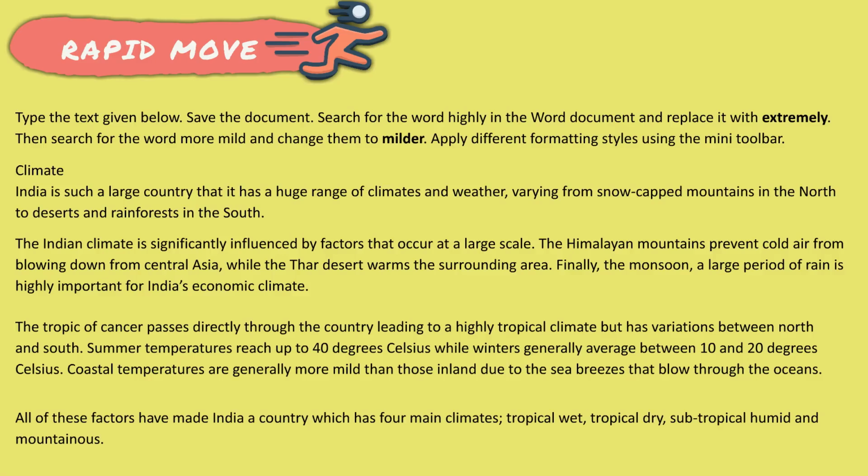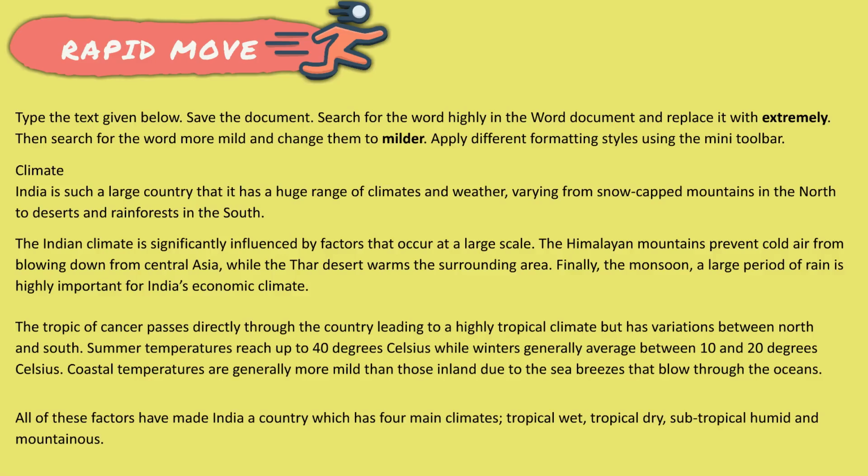The Himalayan mountains prevent cold air from blowing down from Central Asia, while the Thar Desert warms the surrounding area. Finally, the monsoon, a large period of rain, is highly important for India's economic climate.